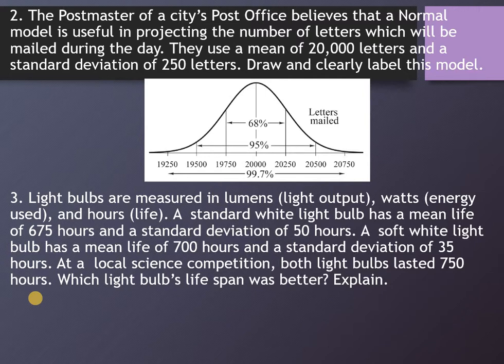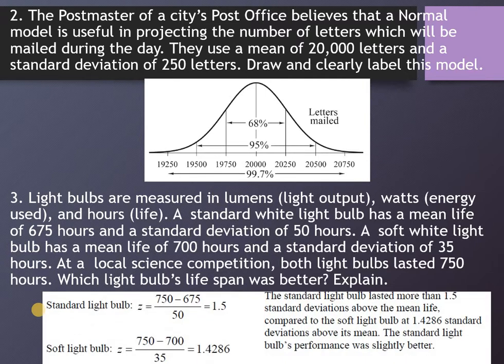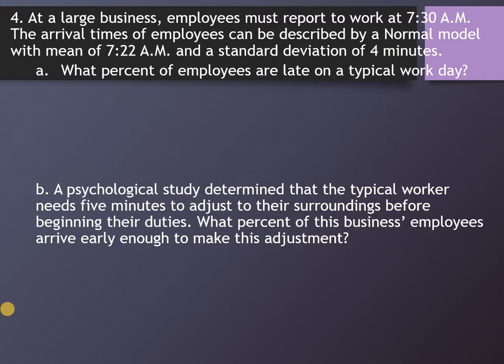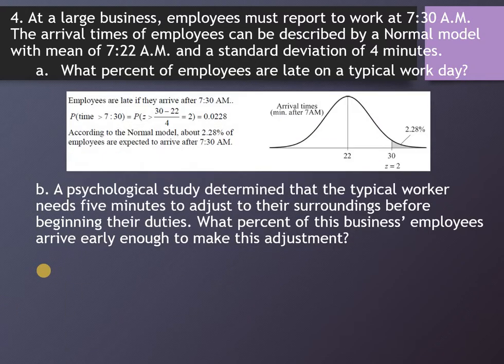When you're wanting to compare 2 different unrelated things, find their corresponding z-scores. Whichever direction you consider better, be that positive or negative, take that into mind, and then say who's furthest in that direction from the average. Look at their z-scores. Percentage of employees, when you're looking for a percent, that means you're going to use your normal CDF.